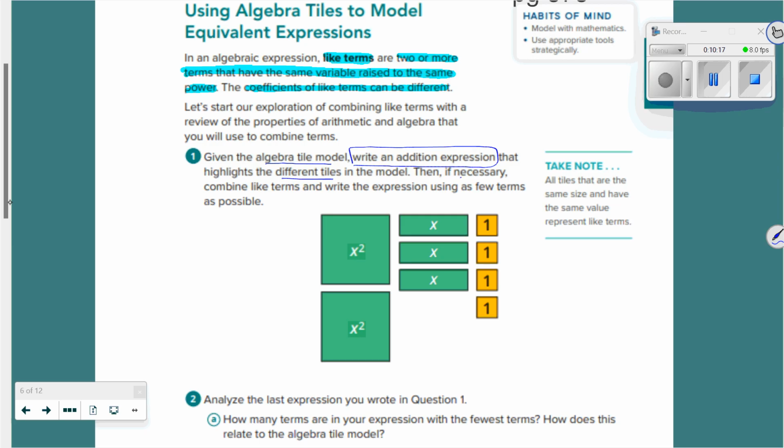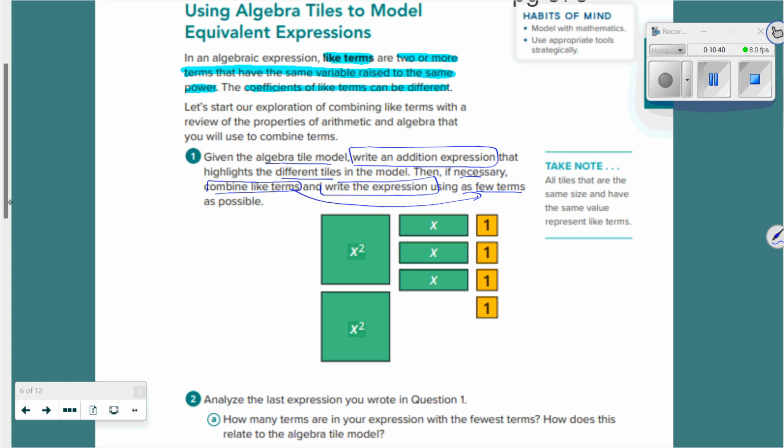Then, if necessary, combine like terms and write the expression using as few terms as possible. When we combine like terms, that's literally what it does. Combining like terms means putting it in as few terms as possible. So, we haven't really done a whole lot of this, so we're going to go through this first one with you just to show you how this works.